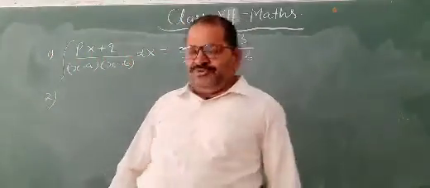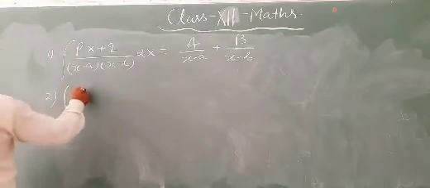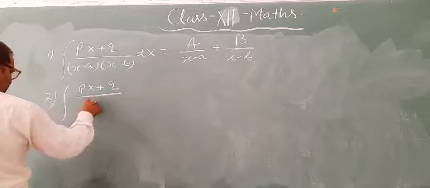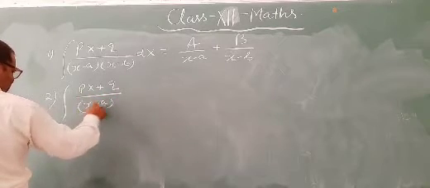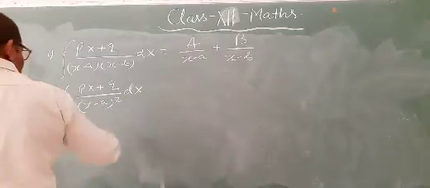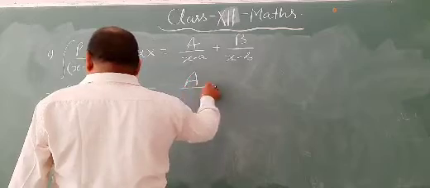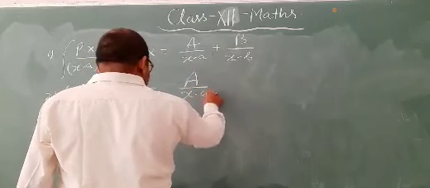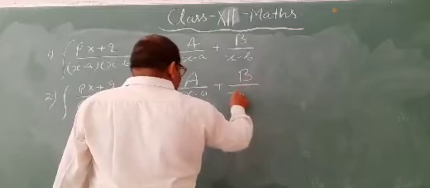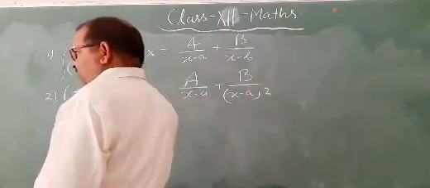Integral of (px plus q) upon (x minus a) whole square dx equal to a upon x minus a plus b upon (x minus a) whole square.